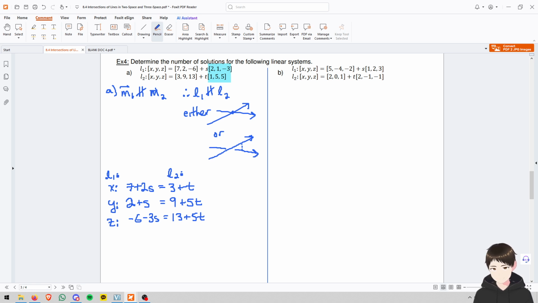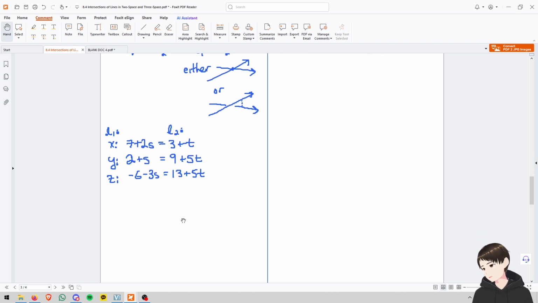Let's do it. This time around I won't do substitution, let's do elimination. I am bringing the variables to one side, so my first equation is 2s minus t equals negative 4. My second equation is s minus 5t equals 7.